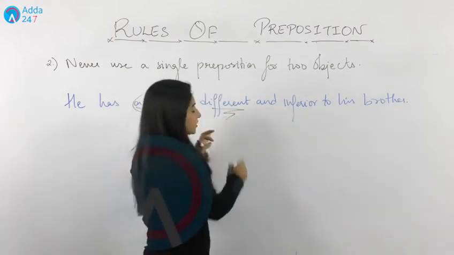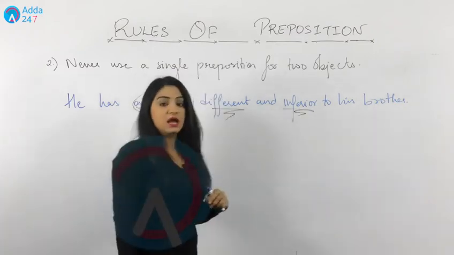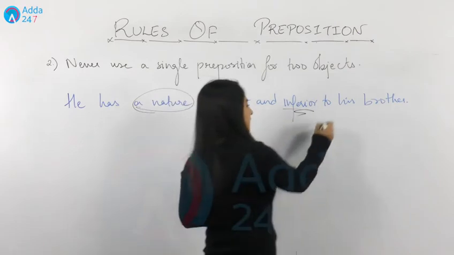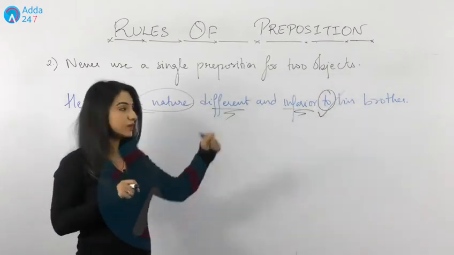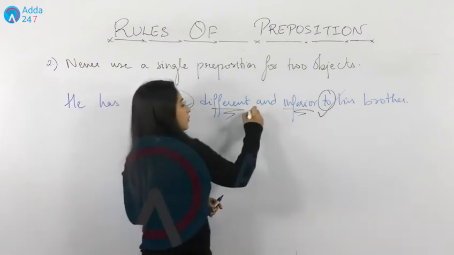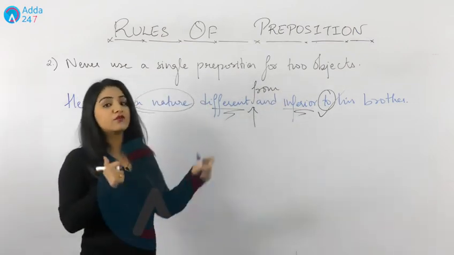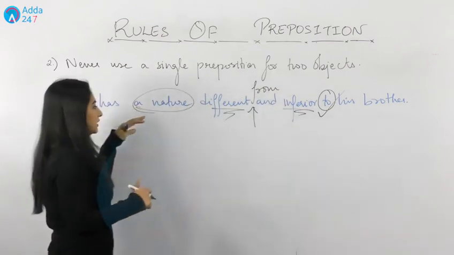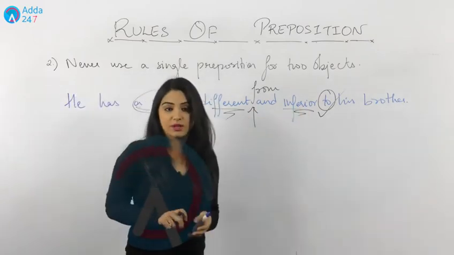His nature is different and inferior, isn't it? Now according to inferior, you have placed to with it, which is correct because we place to with inferior, but to is incorrect according to different. So we need a preposition which is from, because we place from with different. So the correct sentence will be, he has a nature different from and inferior to his brother.